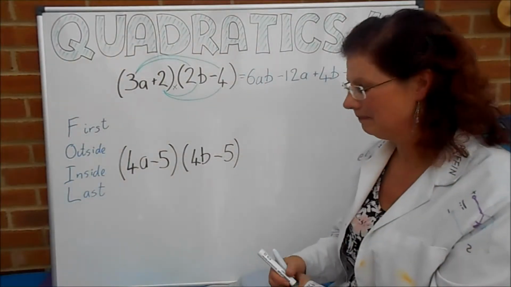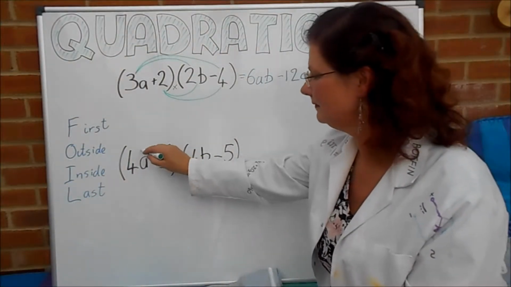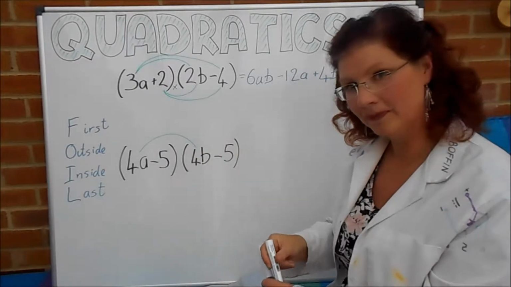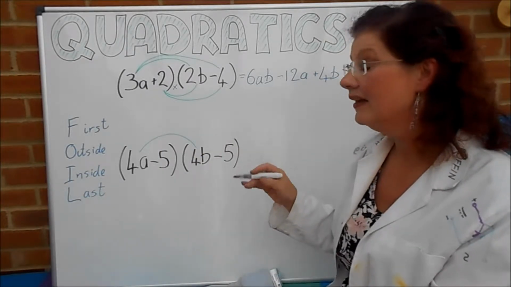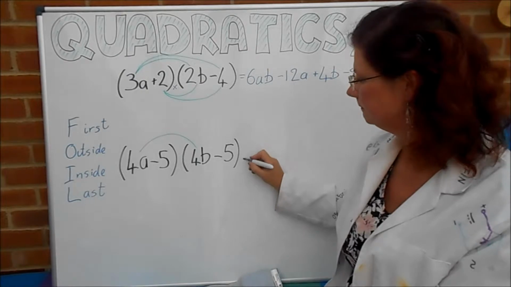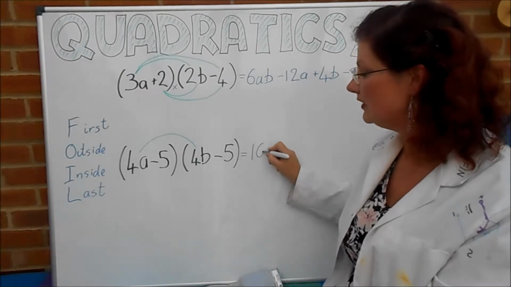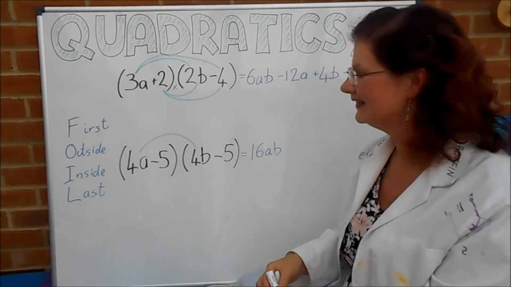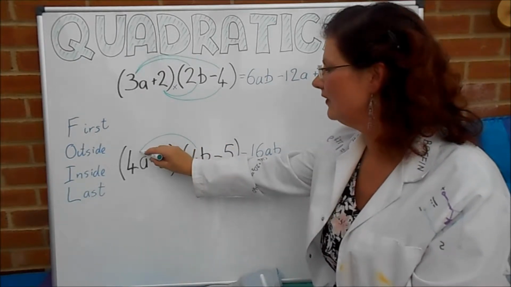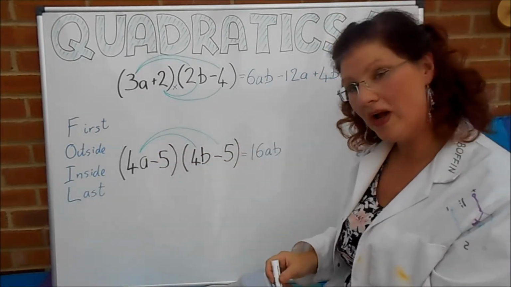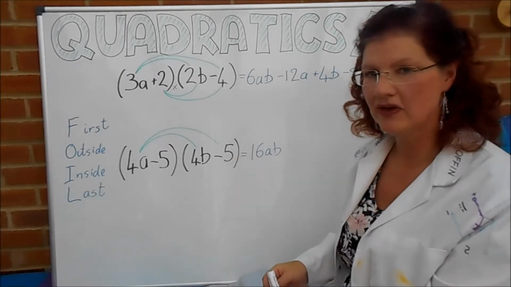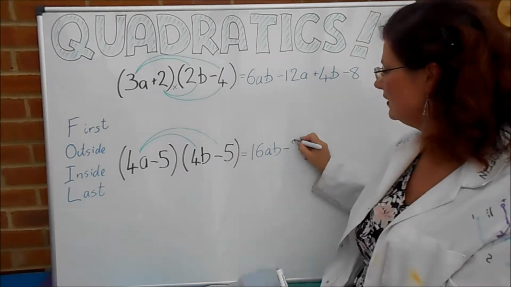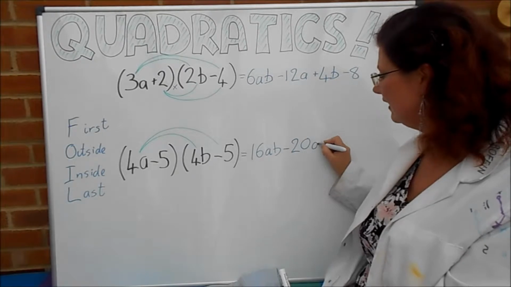How did you get on? Let's have a go at it. The first ones. That's a 4a times a 4b. That gives you a 16ab. Hope you got that. Then the outside ones, 4a times a negative 5 gives you negative 20a.